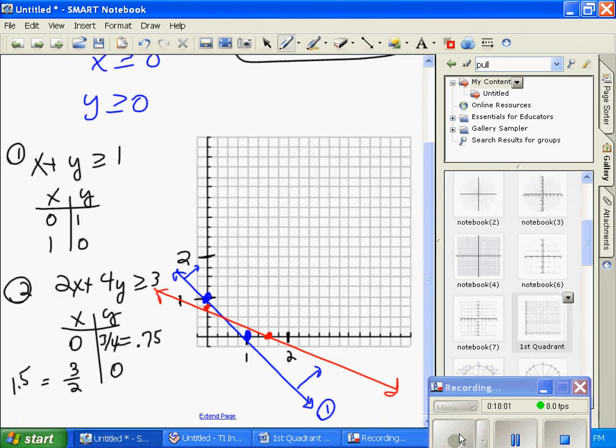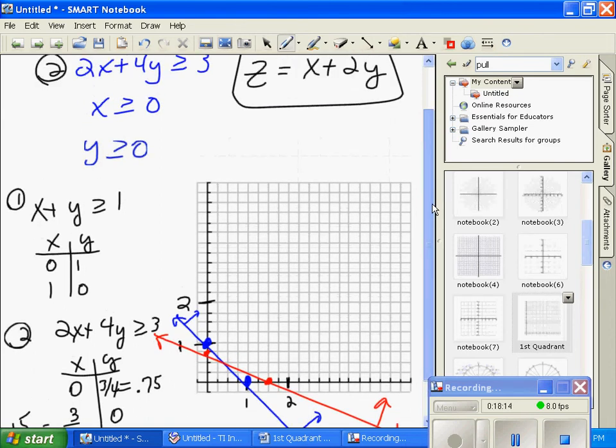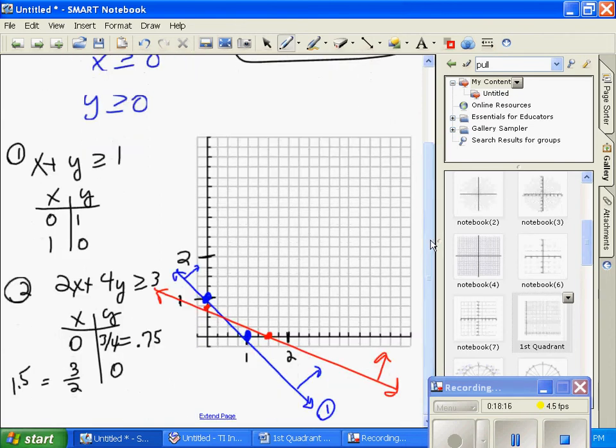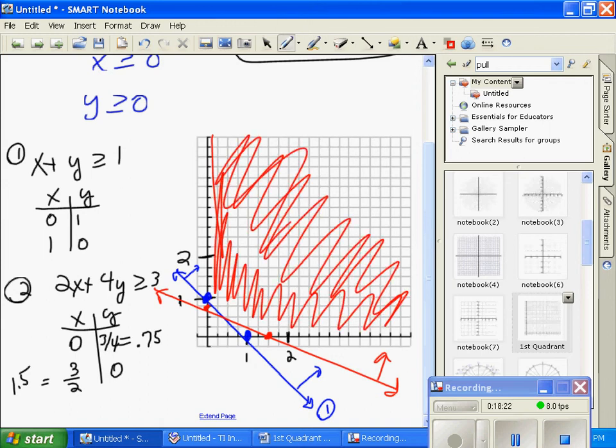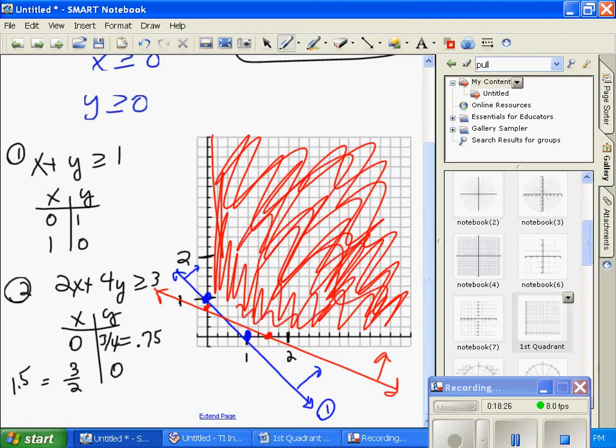Plugging in the point 0, 0, is 0 greater than or equal to 3 a false statement. 0, 0 is below the red line, so I'm going to be graphing above the red line. And I am, in fact, keeping in the first quadrant. Don't always assume that. Always look and see. I am keeping in the first quadrant, so once again, I have my unbounded region. Just be careful that you do that.